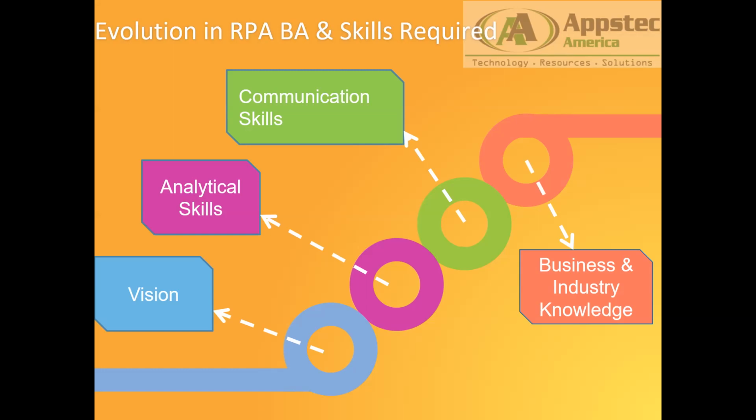The RPA COE should set certain goals, visions and targets: why this RPA COE has been set up, and what goal you are going to achieve over the next one year. Are you going to give the company a lot of FTE benefit in terms of automation, headcount benefit? Are you going to digitize most of the processes? Are you going to implement 100 plus robots in one year? That's an organizational vision.